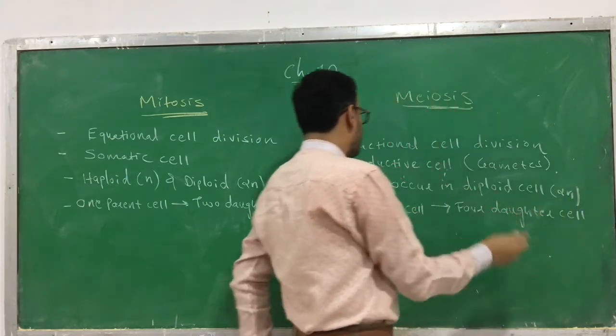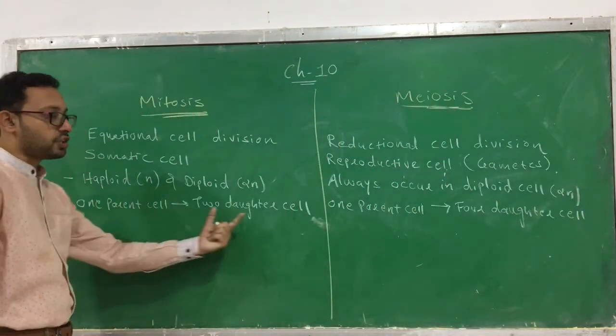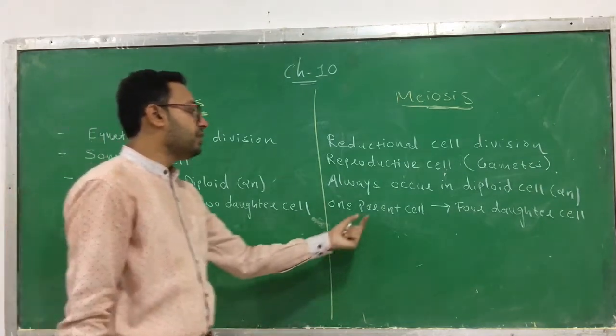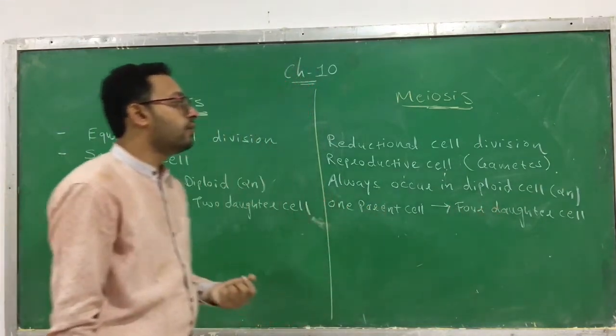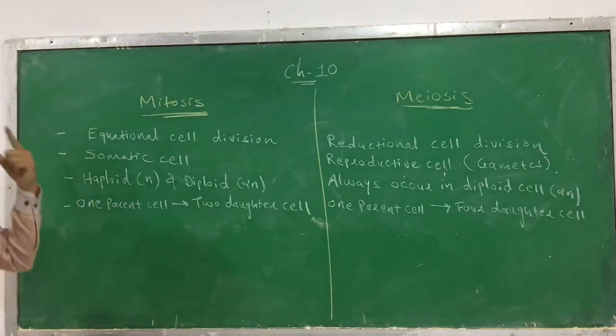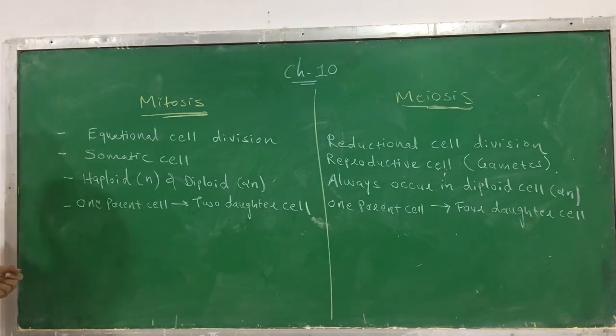Clear? So in mitosis, from one parent cell, two daughter cells are produced. In meiosis, from one parent cell, four daughter cells are produced. So this is a difference between mitosis and meiosis.